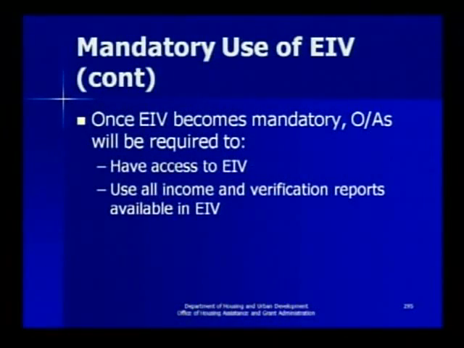Once EIV becomes mandatory, OAs will be required to have access to EIV and use all of the income and verification reports located in the system. I just want to note, with the housing notice we have out currently, the 0920 that will be revised, where we have shoulds, mays, and recommends, those will all be changed to musts.